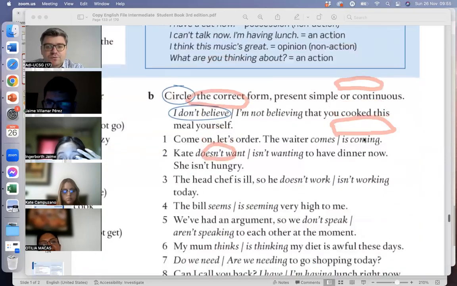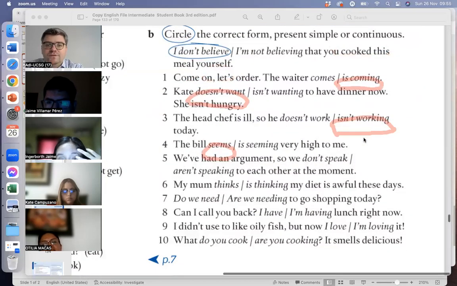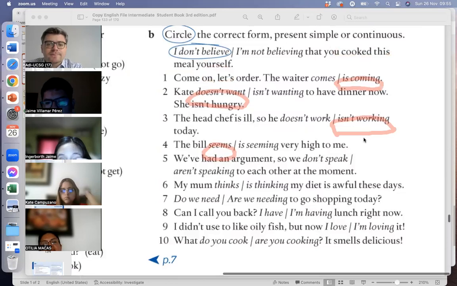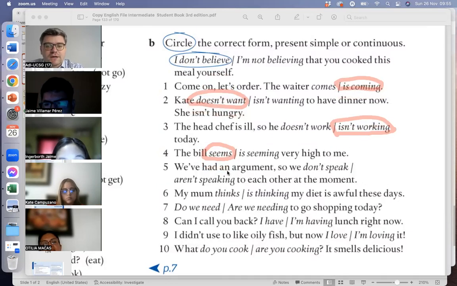The same rule we had with number 2, the same rule here. Very good.